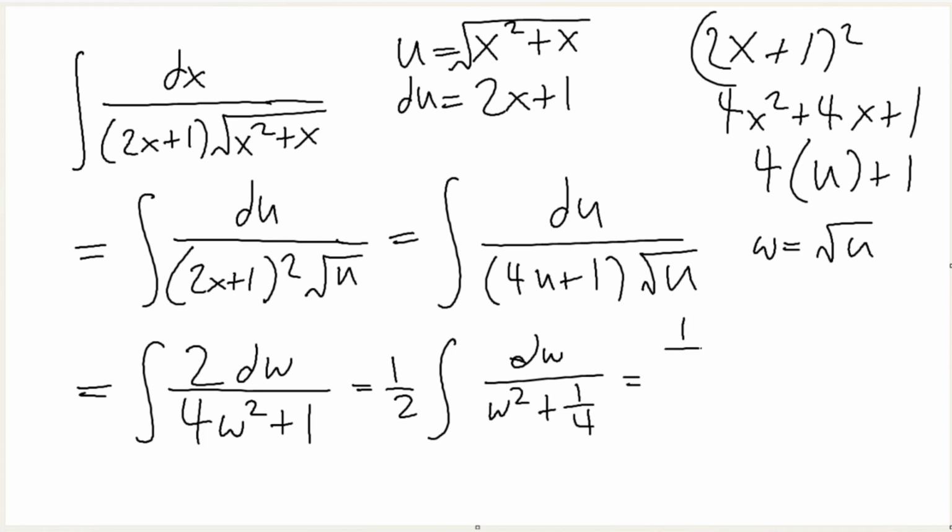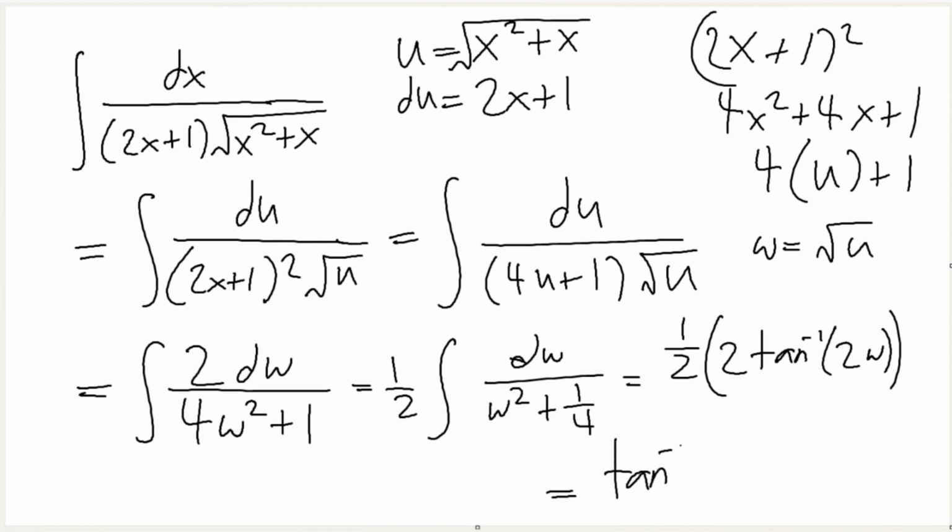This is equal to a half of 2 inverse tangent of 2w. So our integral is just inverse tangent of 2 times w, which is the square root of x squared plus x, plus c.